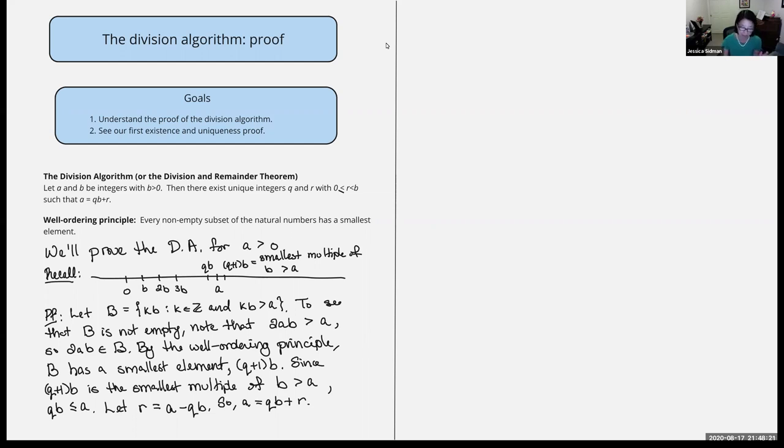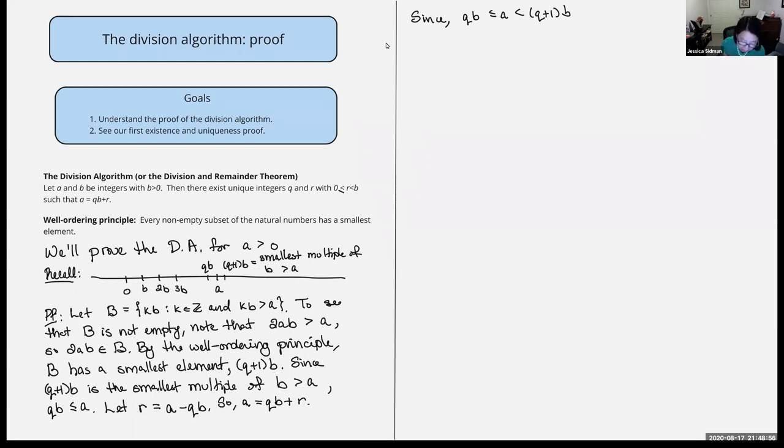I also have to make sure that the R is a possible remainder. So note how big can R be, okay? So since we had that QB is less than or equal to A, and that's less than (Q plus 1)B, how big can this be, right?